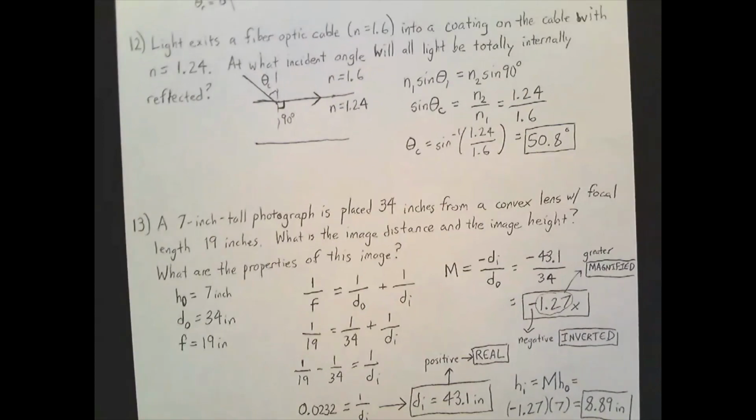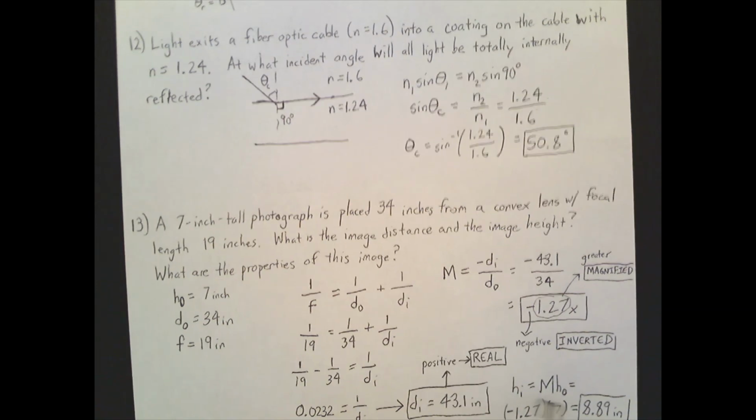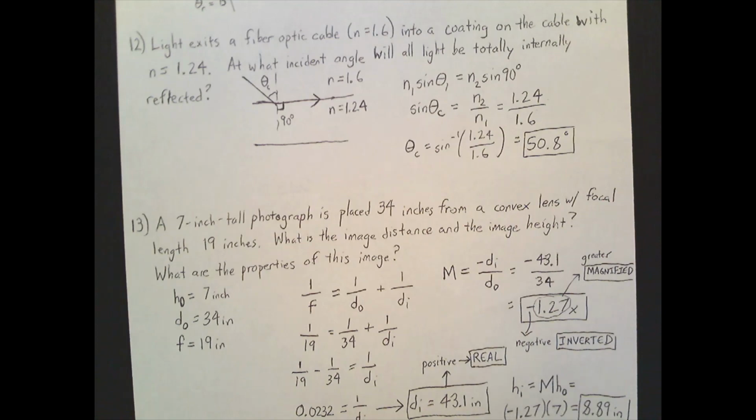So there it all is. We found our image distance using the thin lens formula, the 1 over f formula. We found the height by getting the magnification first, and then using that magnification to multiply the original height to find how large the image will appear.